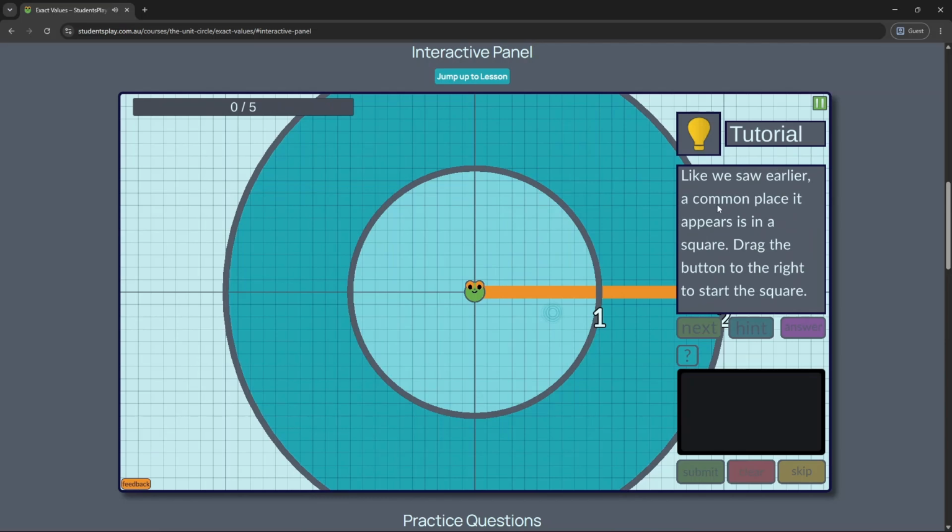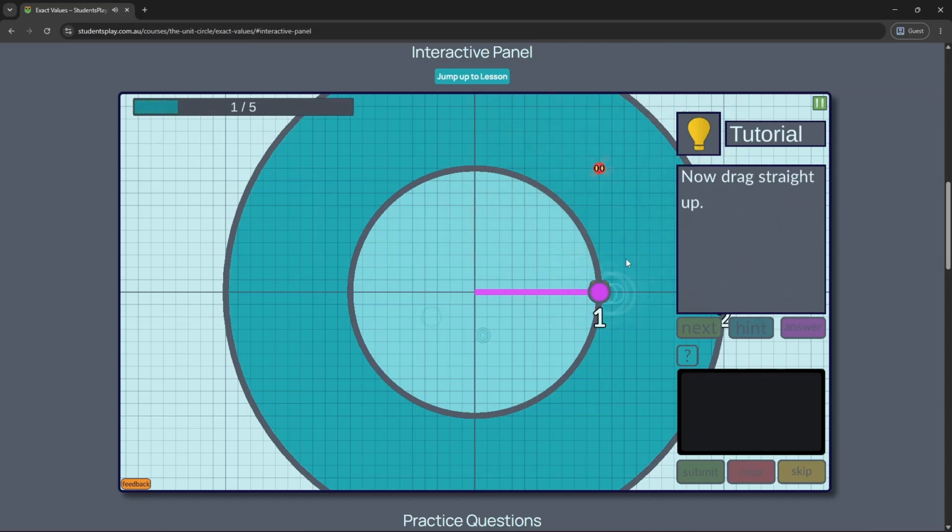Like we saw earlier, a common place it appears is in a square. Drag the button to the right to start the square. Okay, drag the button over here. Now drag it straight up. And to the left.